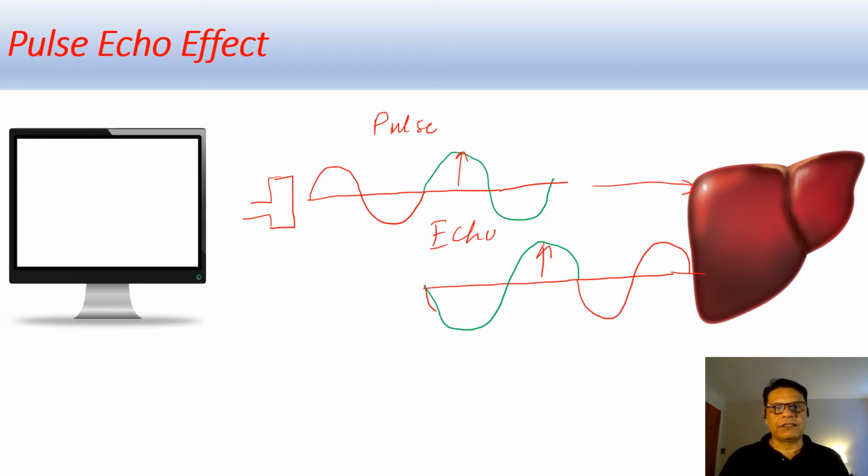You see that the pulse starts from a crest, and the end of this pulse is a trough. But in case of echo, our starting point is a trough and ending is a crest. So three things take place. Number one, amplitude is decreased, their strength is decreased, and inversion of the pulse takes place.